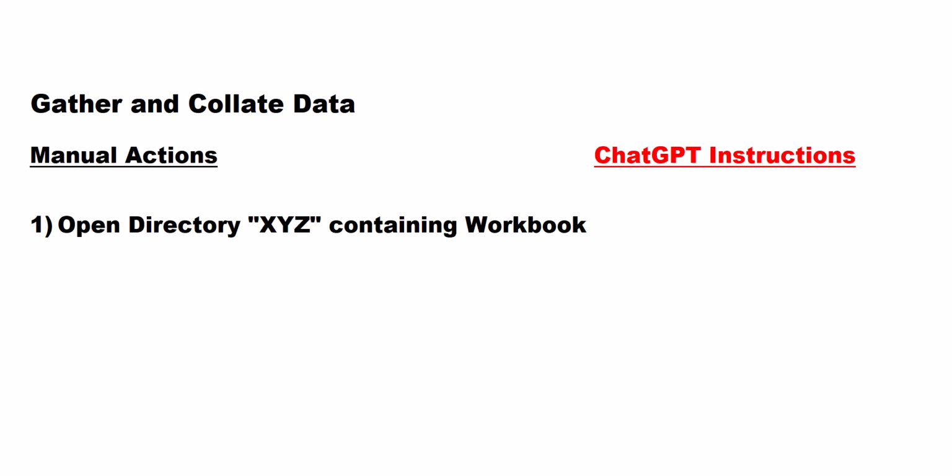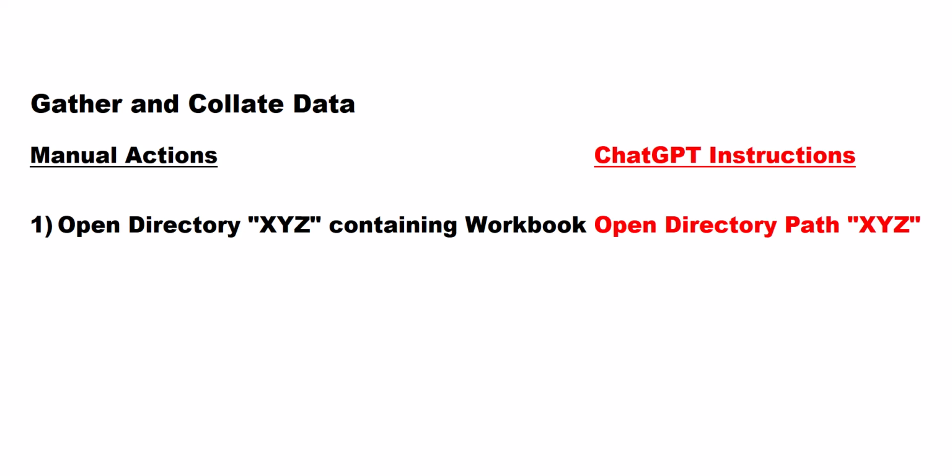Let's look at gather and collate data. On the left, the manual actions. On the right, the ChatGPT instructions. The first manual action is open directory XYZ containing the workbook. The ChatGPT instruction is open directory path XYZ.